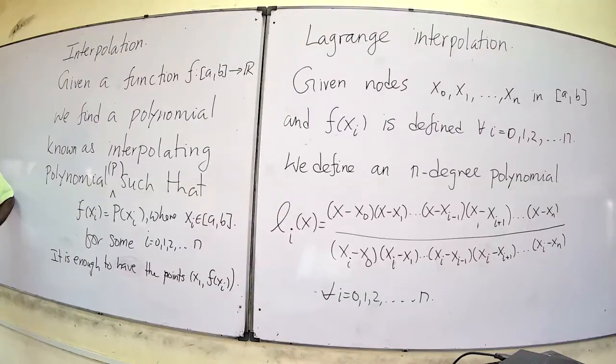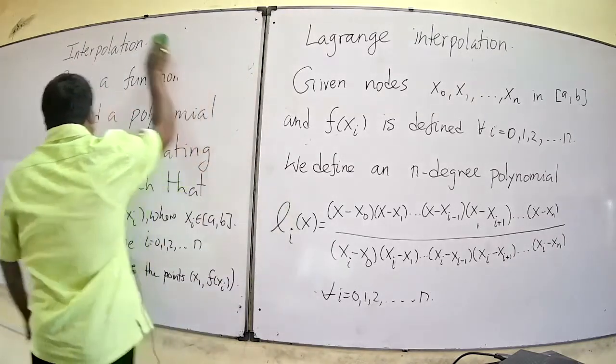Li of x is x minus x naught times x minus x1 times all the way up to x minus xi minus 1 times x minus xi plus 1. So there is no x minus xi in the numerator. Similarly, the denominator is xi minus x naught, xi minus x1, everything except xi minus xi. So these polynomials are clearly of degree at most n, right? And they are well defined, right?